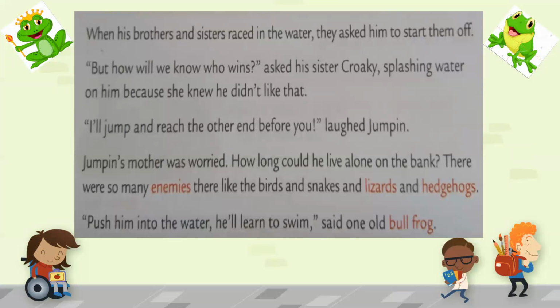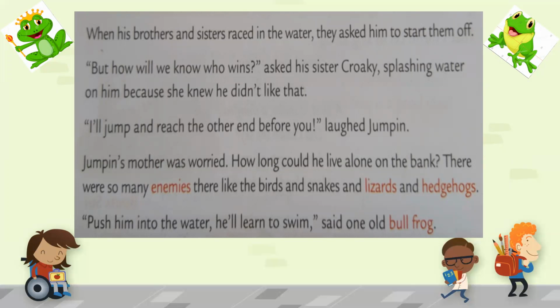Because everyone will be inside the water, busy swimming fast to reach the bank. So when she raised this question, she very well knew that Jumpin would not like it, and he would immediately say, don't worry, when you jump inside the water, I will reach the other end before you. That is on the land. On the land only he used to run, jump, and reach the other end, but he never wanted to swim inside the water.